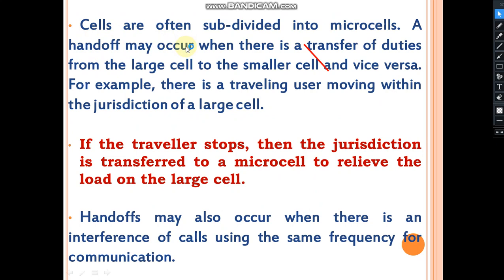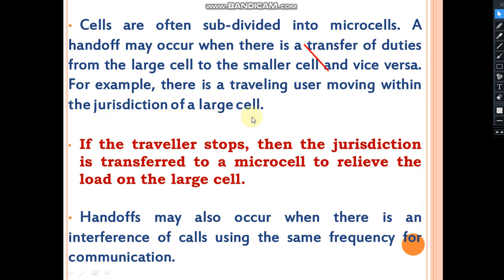Actually, the cells are often subdivided into micro cells. A handoff may occur when there is a transfer of duties from a large cell to a smaller cell, and vice versa. For example, a traveling user is moving within the jurisdiction of a large cell.